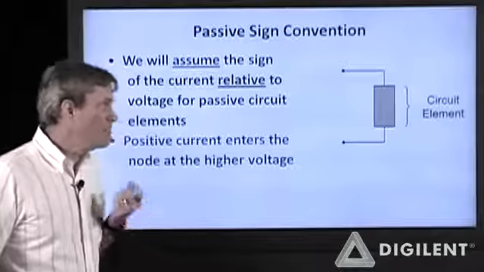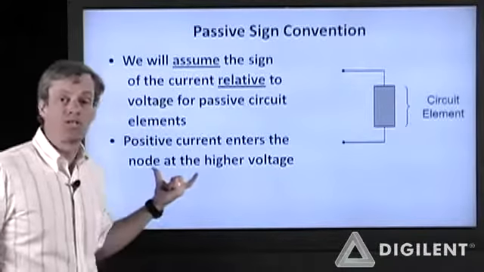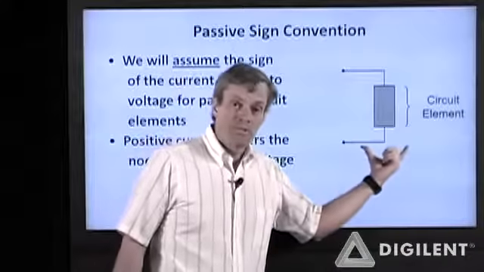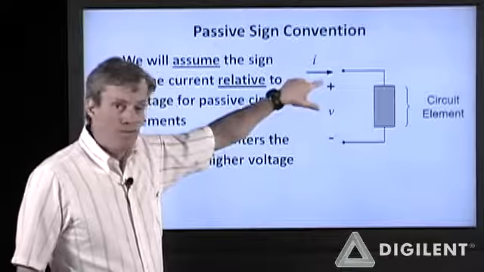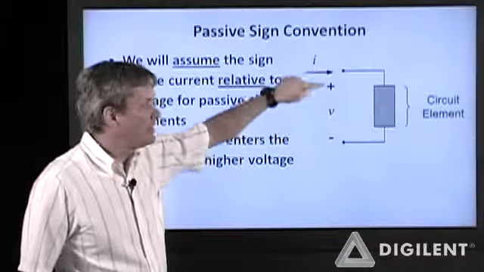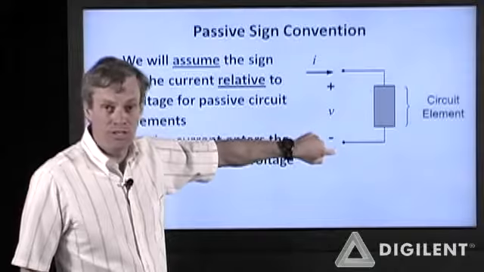The assumption that we must make is that positive current enters the node which is assumed to be at the higher voltage. For example, for this particular circuit element, if I assume this voltage polarity, the plus minus on the voltage gives me the polarity. It indicates that the voltage at this node is assumed to be higher than the voltage at this node.